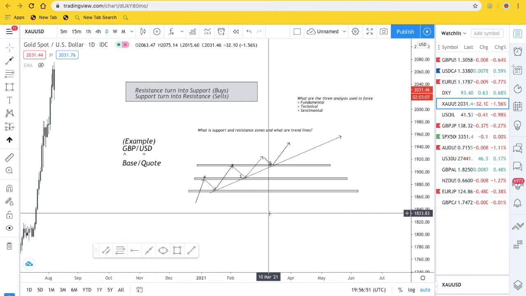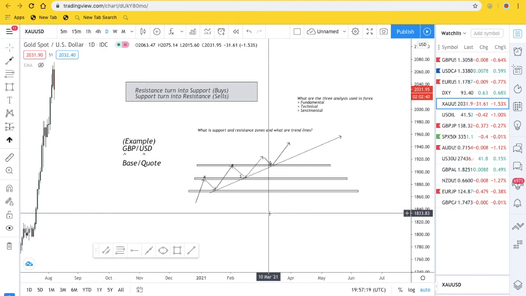So when resistance becomes support, you are now in an uptrend. Always remember, when resistance becomes support, you are in an uptrend. When your ceiling becomes your floor, you are now in an uptrend.